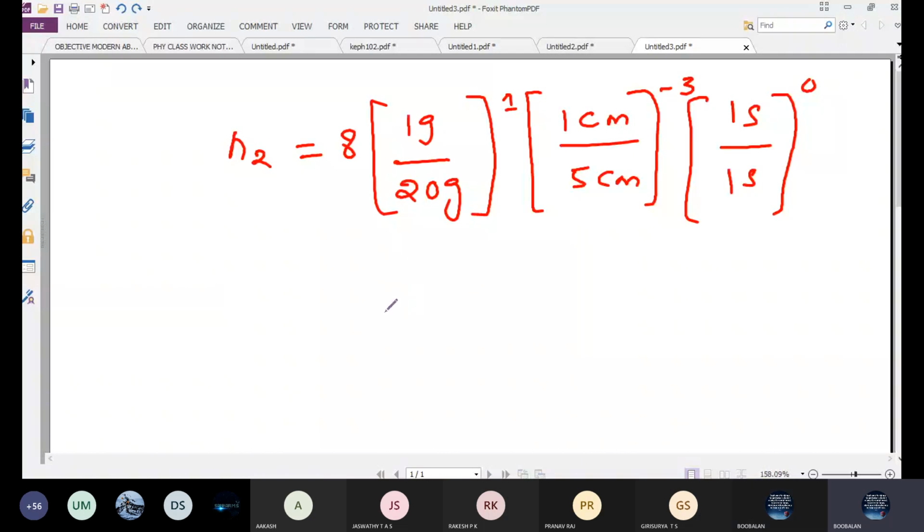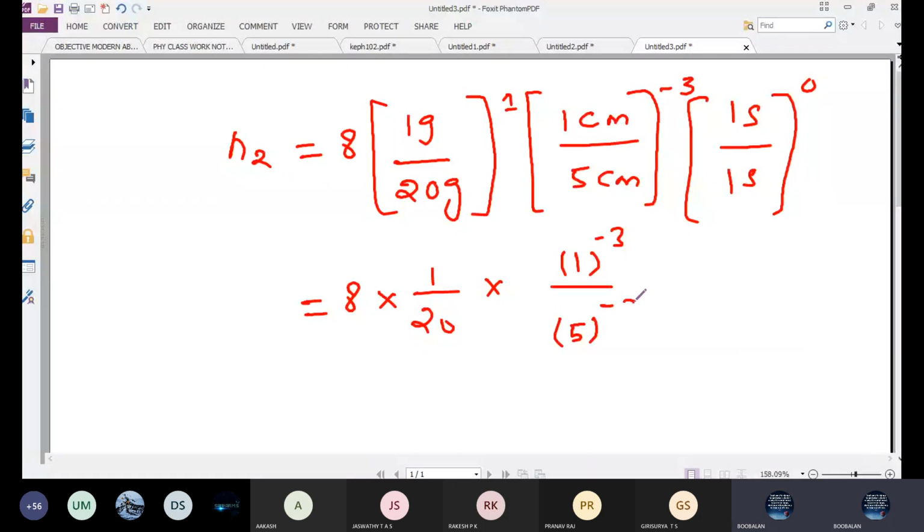8 into 1 by 20 into 1 power -3 divided by 5 power minus 3. Okay, this one, do the reciprocal. 8 into 1 by 20.